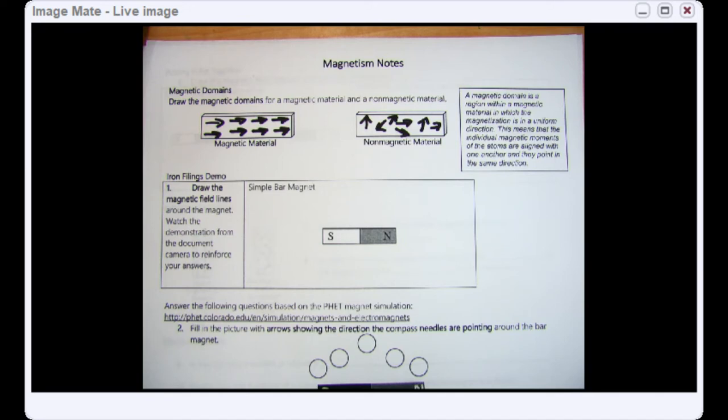So what's going to happen when I move this compass, which has a needle, the red end is north, the white end is south, if I move it around the bar magnet. Now, if I'm here, notice opposites attract, so the red needle will point towards the south. Okay, north is pointing to the south. If I move it up, because it's closer to the south, the opposites are going to attract.